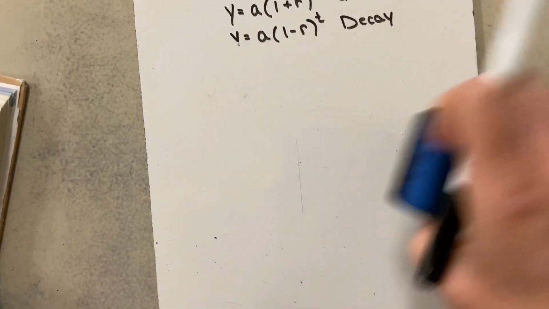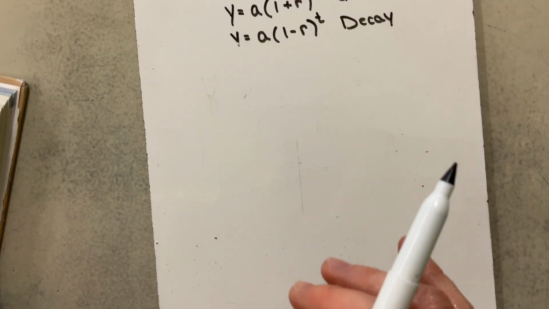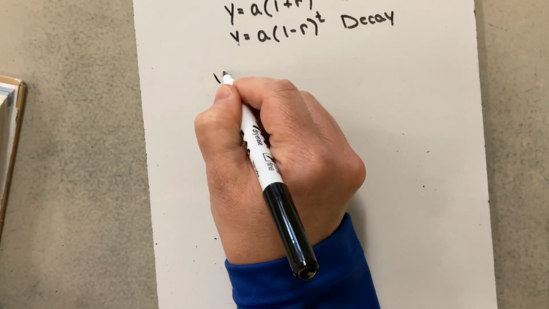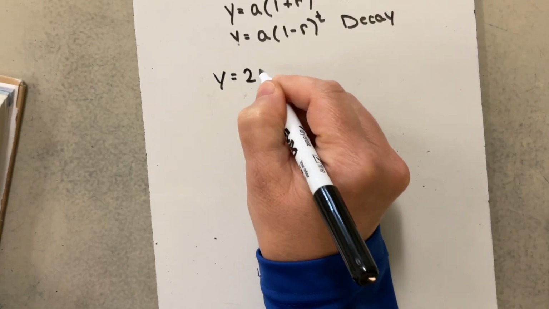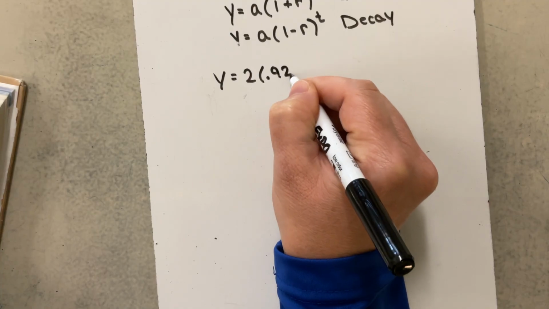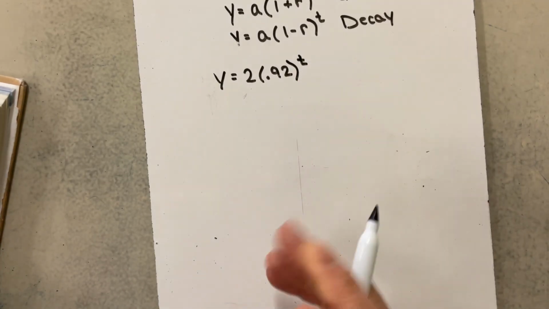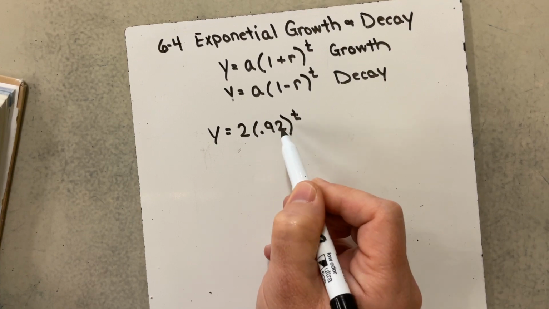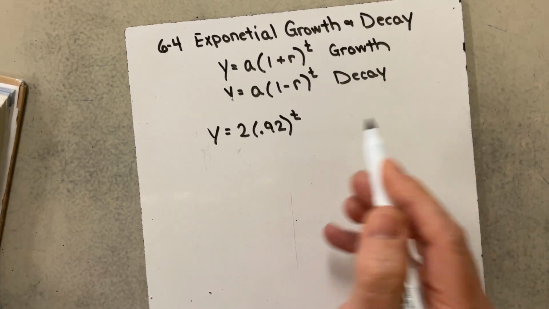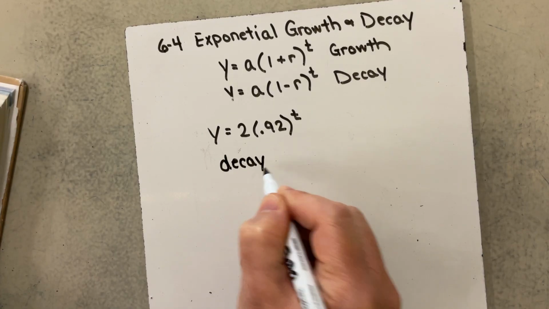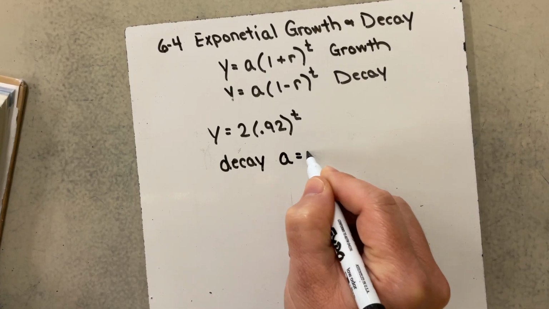All right, some of the things that you need to be able to do is if you had, for instance, y equals 2 times 0.92^t. We want to know, is this a growth or decay? Since this is less than 1, we know it must be a decay. We know our initial value was 2.